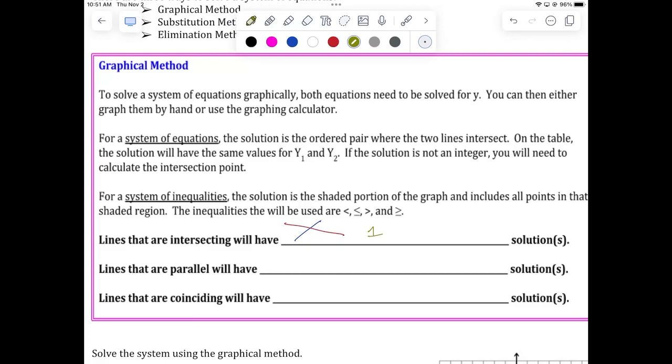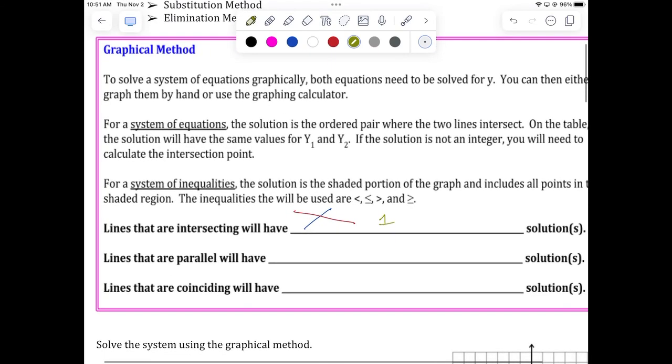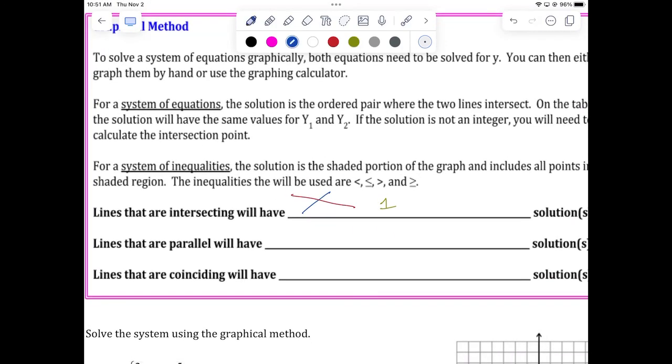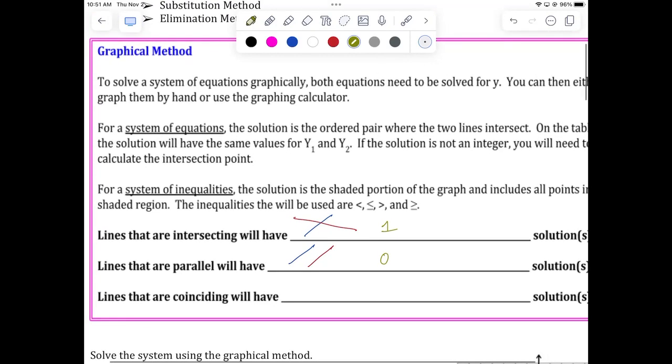There is one solution. Okay, what if we graph the two and they have the same slope but different y-intercepts? That means they run parallel to each other. How many solutions will they have? Zero, right? Because the solutions are the intersection points.